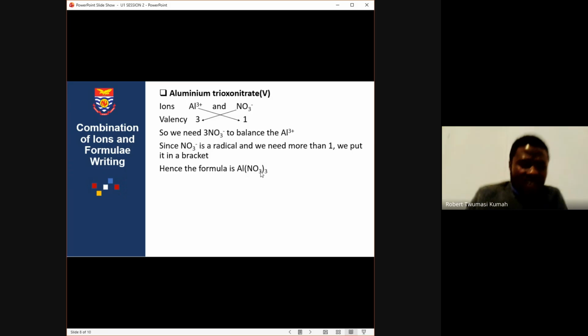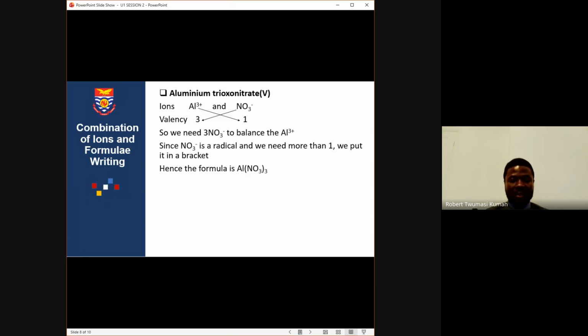Someone will say that, okay, if that's the case, why don't we share it, so that we have N subscript 3, and then O subscript 3 times 3, O subscript 9? Now, mind you, one of the laws of chemical combination is that atoms should combine in their simplest whole number ratio. So if we have N3 and O9, we can still divide through, and that will take us back.